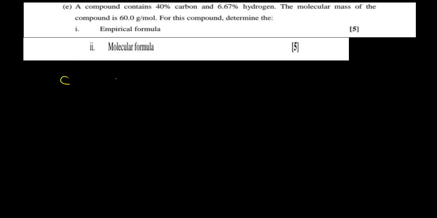For us to determine, we get the atoms or elements that have been mentioned. So I'll say carbon, I have hydrogen there. Is there another one? So a compound containing 40% carbon, 6.67 hydrogen, the molecular mass of the compound is this one.